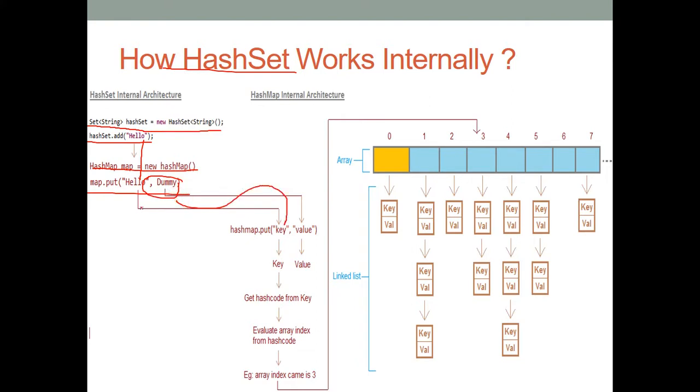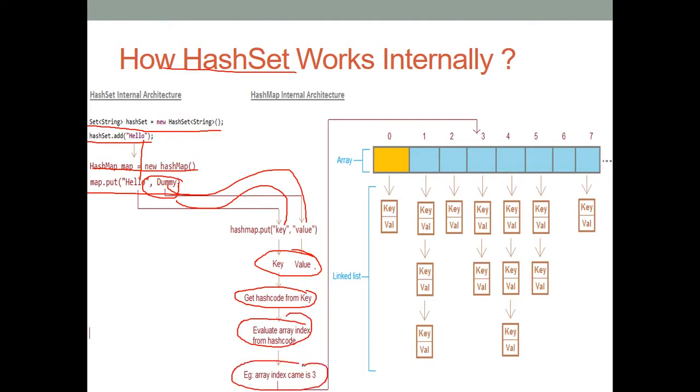If you pass this data, hello will become the key and the dummy data will become the value. So you can store the data as key and value in the hash map. After getting the hash code from the key, it evaluates the array index from the hash code. For example, if you have an array or array list, it will be like 0 1 2 3 4 5, the default range, and then key and value, key and value, like that.